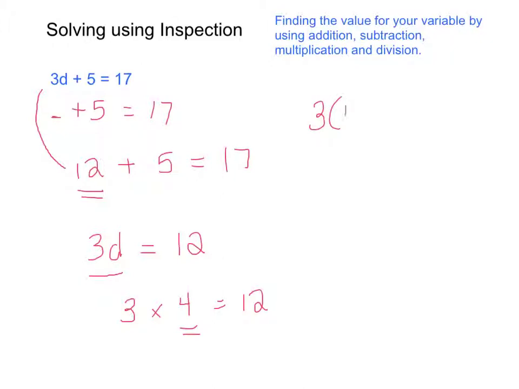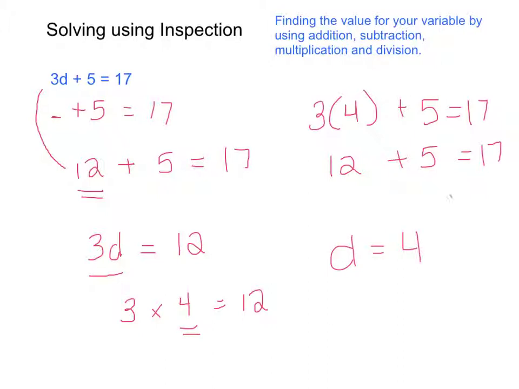So I'm going to replace my variable D with the number 4. 3 multiplied by 4 is 12. 12 plus 5 equals 17. So I know that in this situation, D equals 4 because that makes my equation true. It makes my statement true.